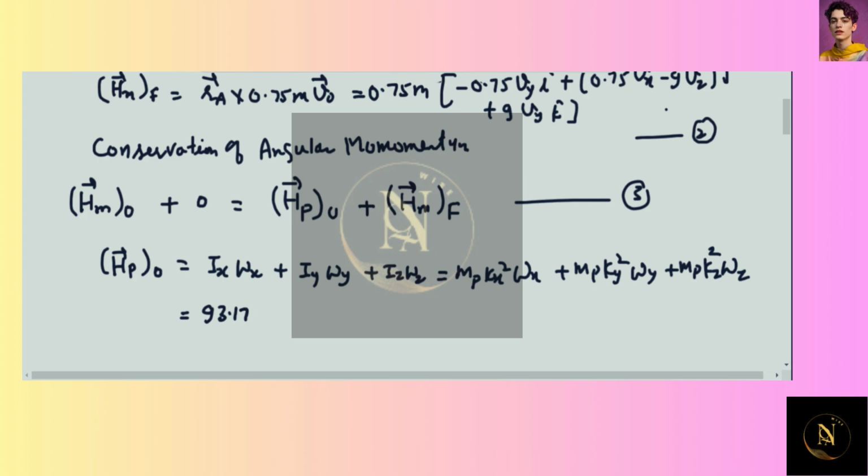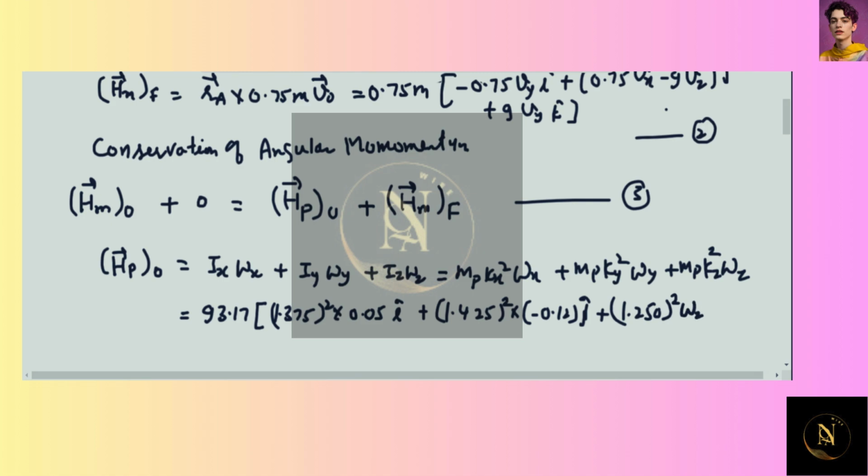Mass is 93.17. We can take it common because each term has it. kx is given as 1.375, whole square, into omega x, which is given as 0.05 i cap, plus ky 1.425 square into omega y, minus 0.12 j cap, plus 1.250 square omega z.